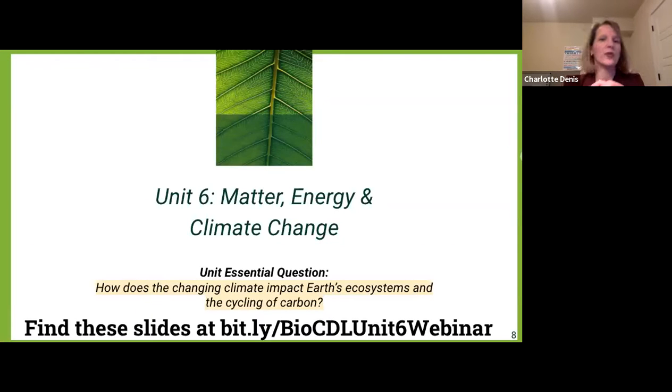So the unit essential question in this revamped unit is, how does the changing climate impact Earth's ecosystems and the cycling of carbon? So 2 major issues here: climate change and the carbon cycle. There are lots of NGSS standards around these 2 topics, and I'll discuss with you which standards go with which activities.